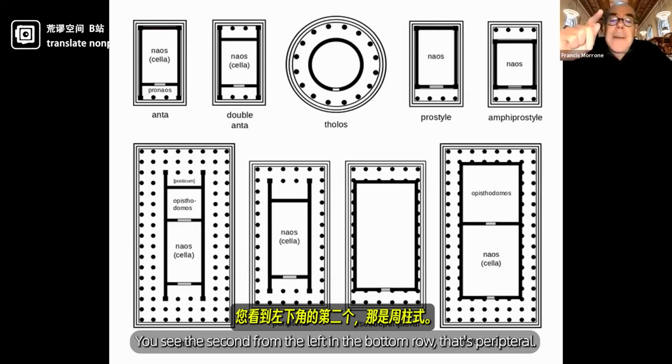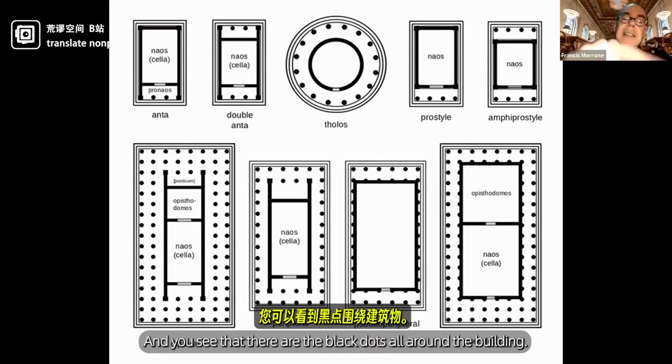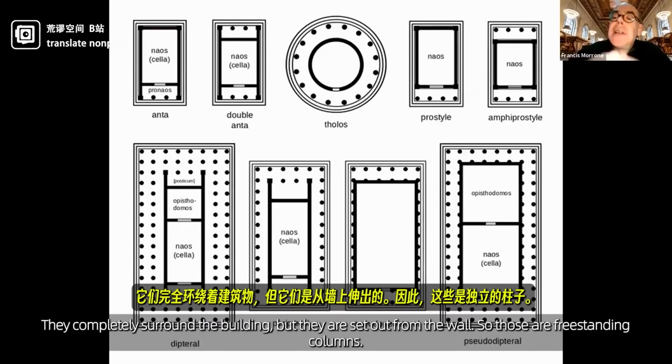You see the second from the left in the bottom row. That's peripteral, and you see that there are the black dots all around the building. They completely surround the building, but they are set out from the wall, so those are freestanding columns.